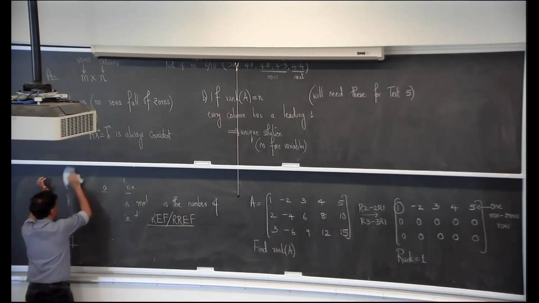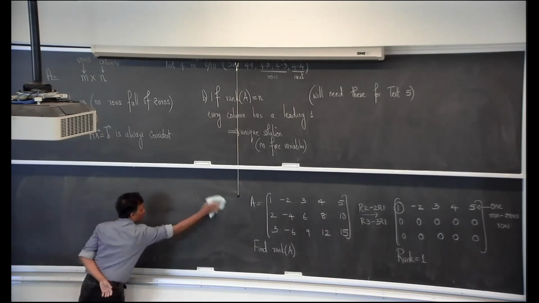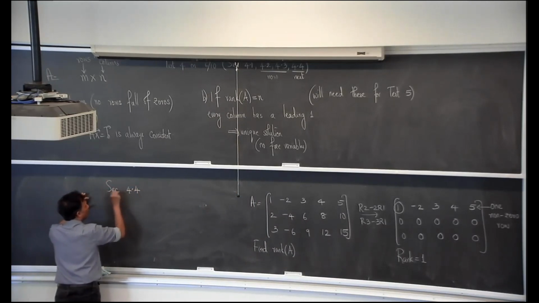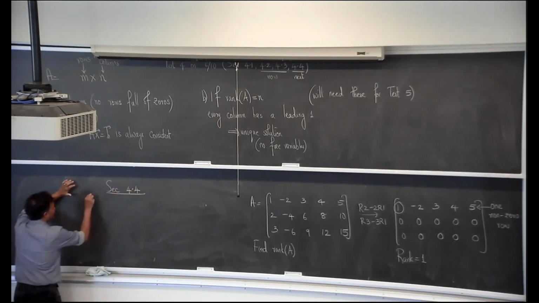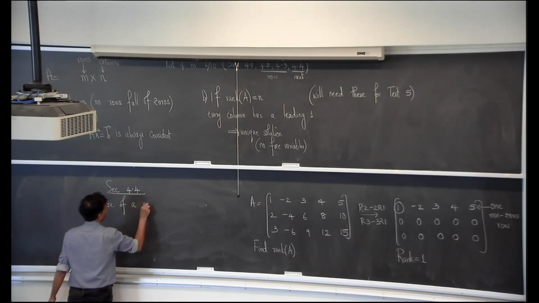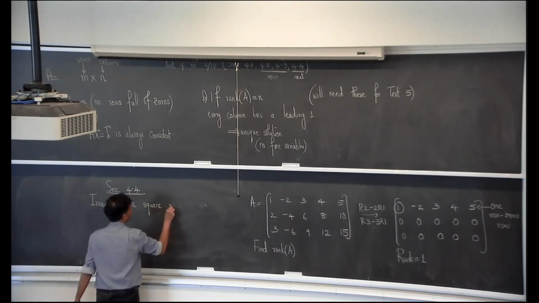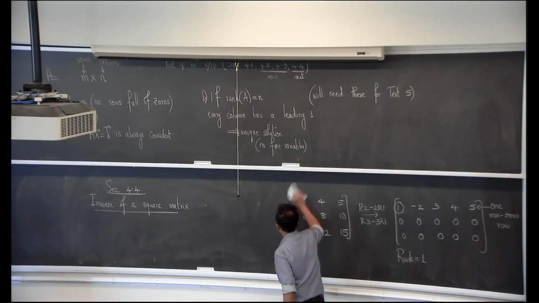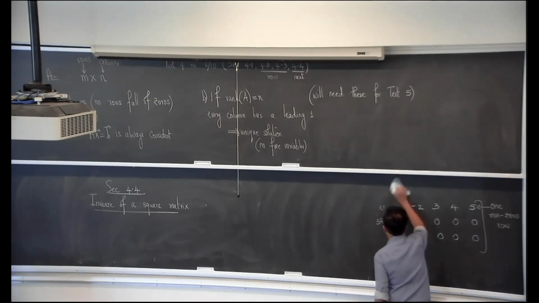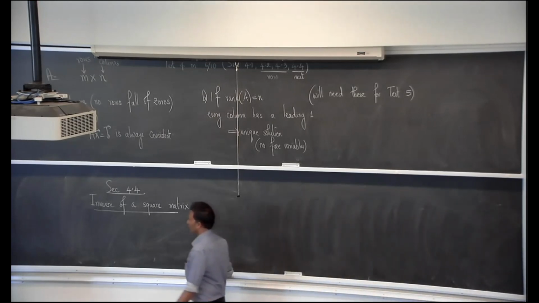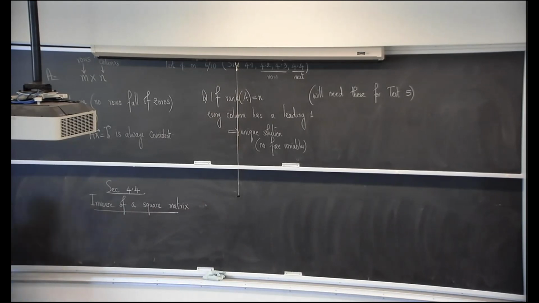The last section you are responsible for on test 4 is the next one, a pretty easy section if you are careful about your calculations: inverse of a square matrix. Emphasis on the square matrix.